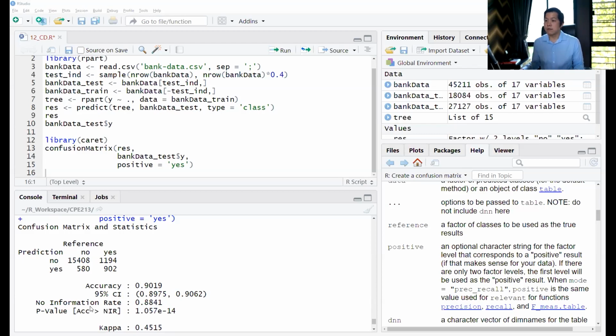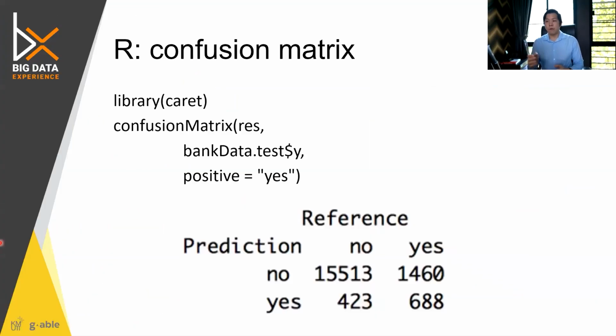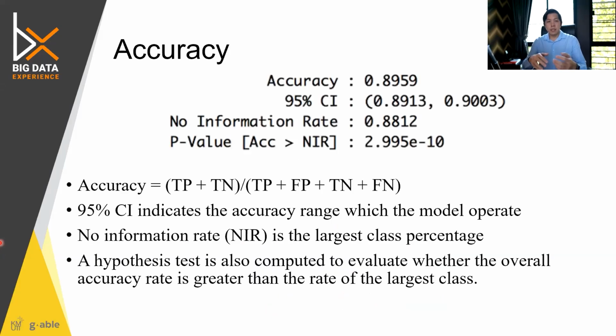Now let's switch back to the slide. For the first part, the confusion matrix, you have already seen that it is actually the projection of the results compared to the actual class, creating certain types of prediction outcomes. Now let's take a look at other measurements.